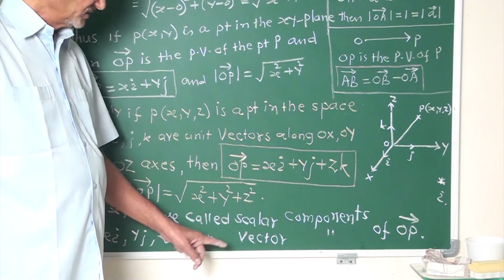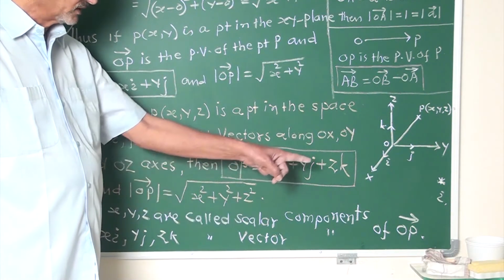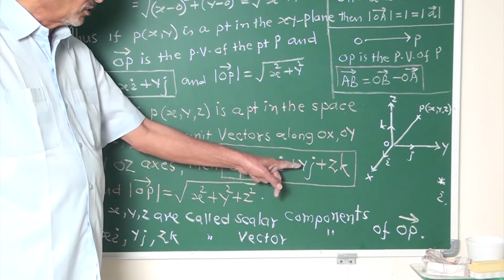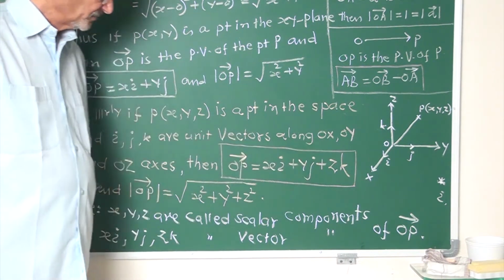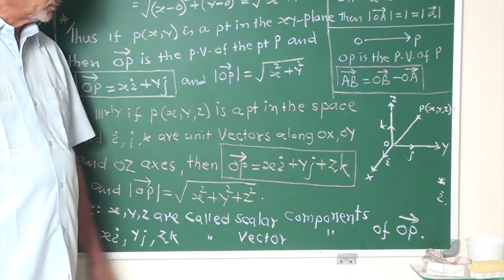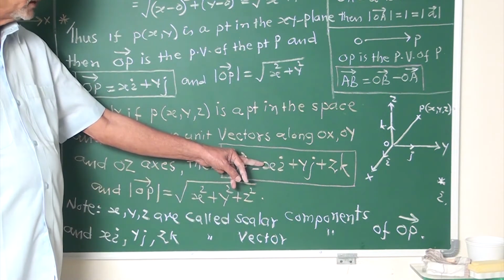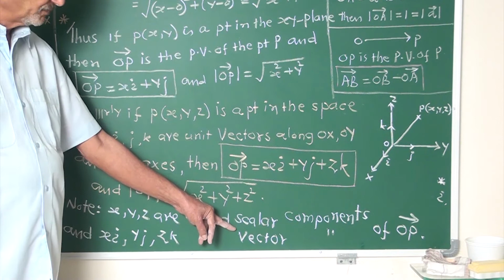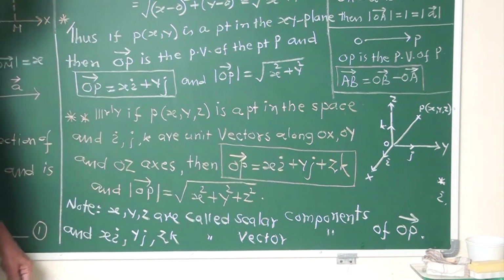They are known as scalar components of the vector OP. If you take along with i, j, k, xi, yj, zk, they are called vector components of the vector OP. Therefore, x, y, z are scalar components. xi, yj, zk are vector components of the vector OP.